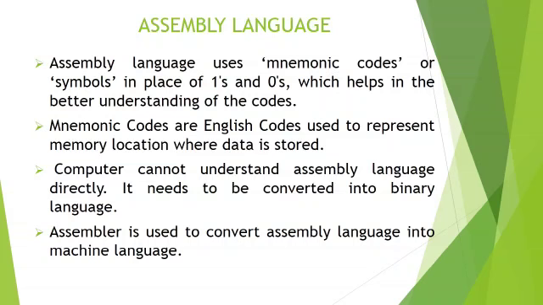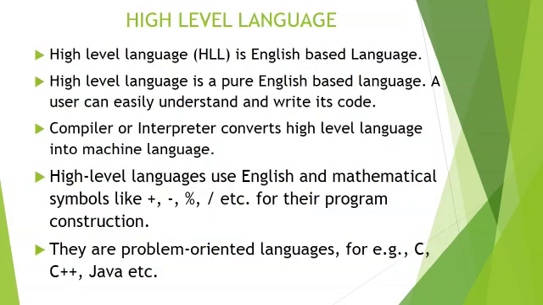Let us discuss the other one, high level language. High level language is English based language. High level language is a pure English based language. A user can easily understand and write its code.